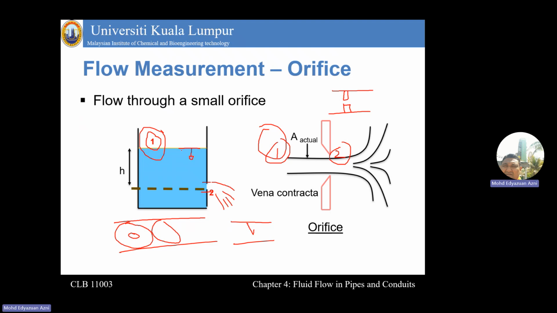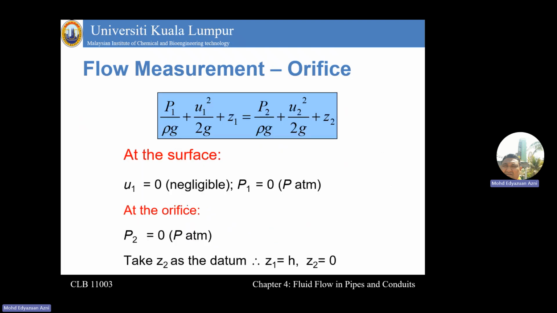So we consider it a tank, a very big one, not a bucket of water. This free surface, point number 1, will go down slowly, nearly 0. It has a value, but it's very slow, so we neglect it. So we say that U1 is negligible.